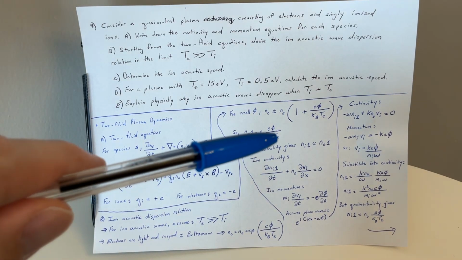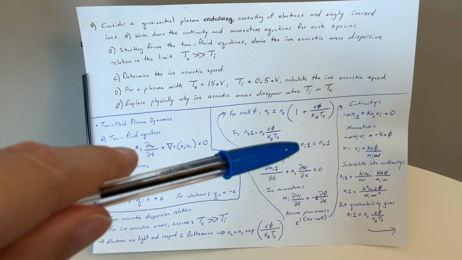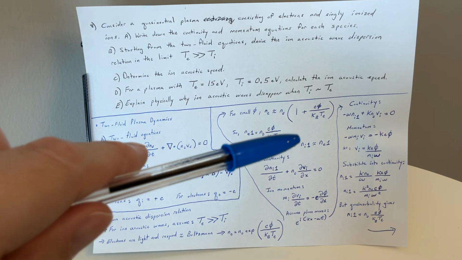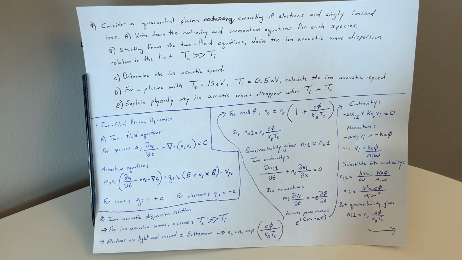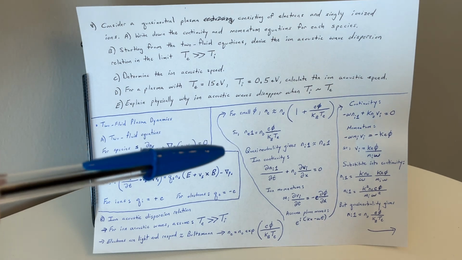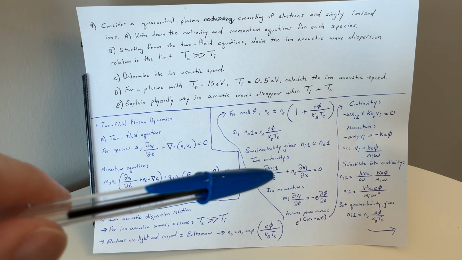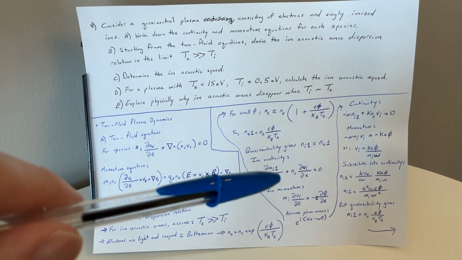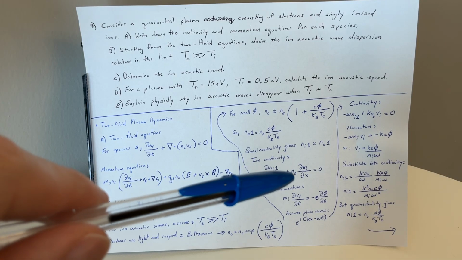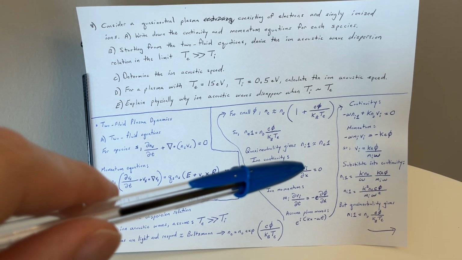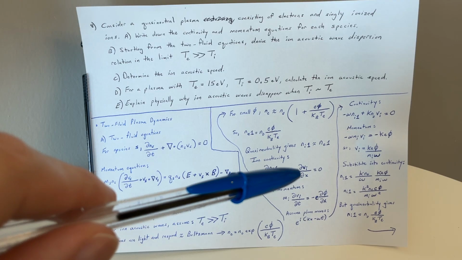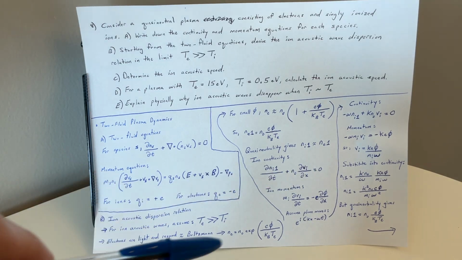And quasi-neutrality gives n_i1 approximately n_e1. Now, dealing with these perturbed densities, for ion continuity we take the derivative: partial dn_i1 over dt plus n_0 partial dv_i over dx equals 0.